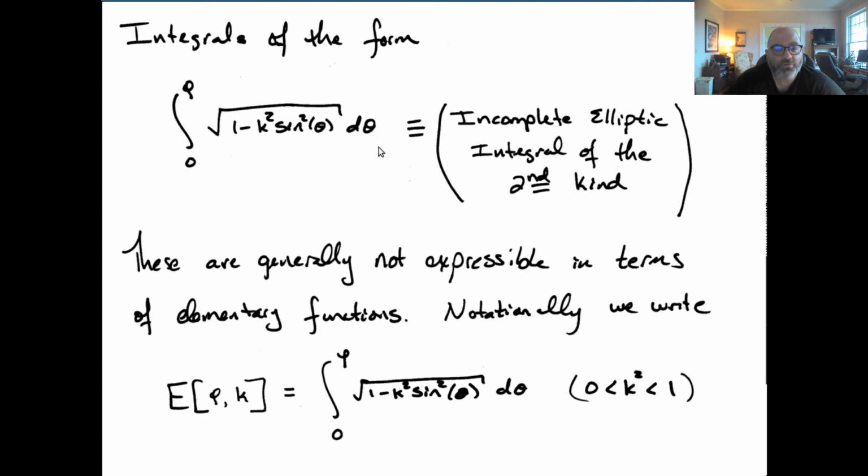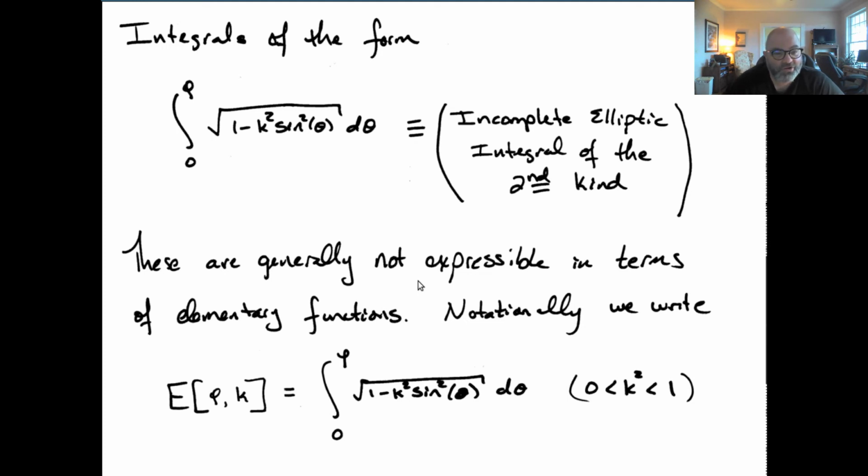They were first discovered when people were taking the arc length of ellipses, and that's where the elliptic part comes in. What they found is that these are not usually expressible in terms of elementary functions.